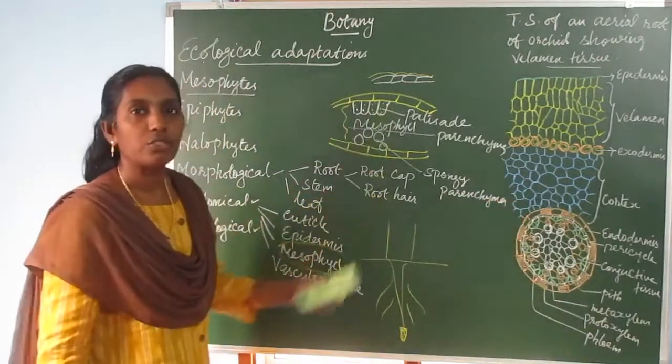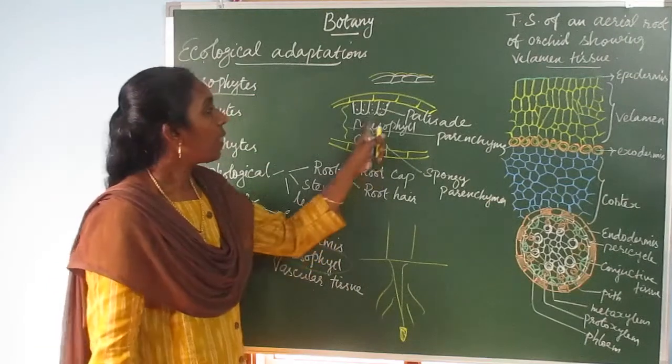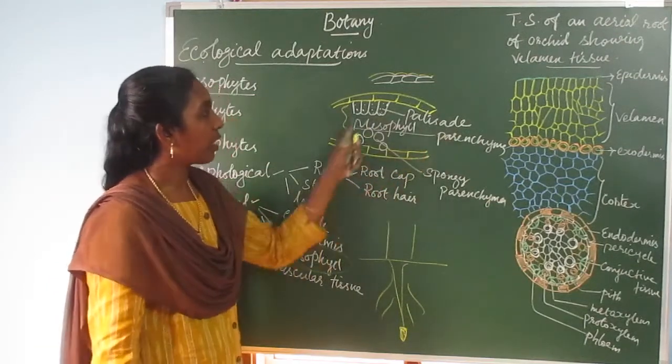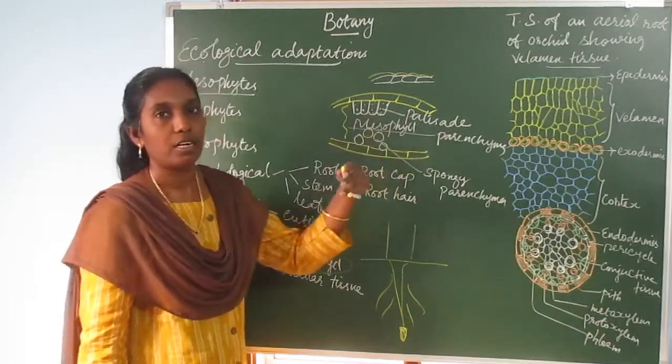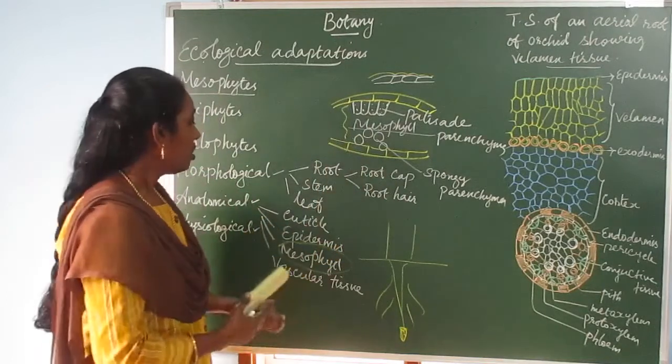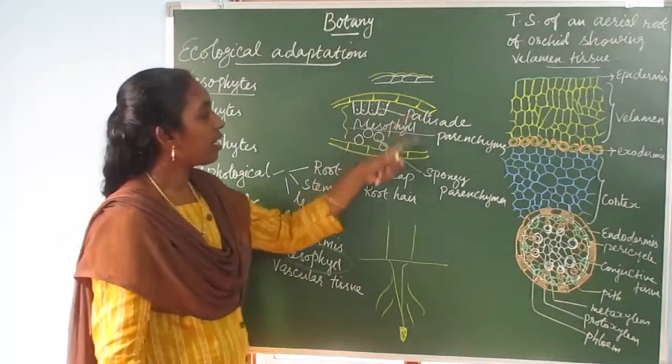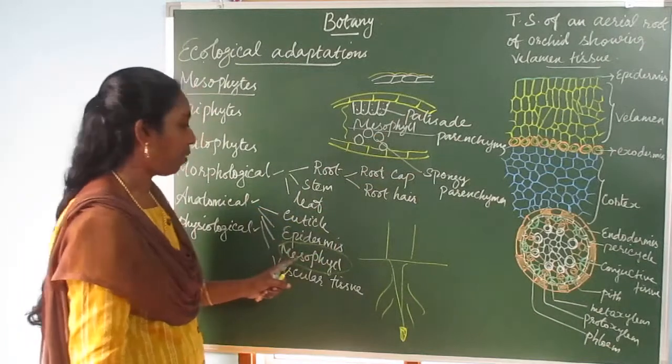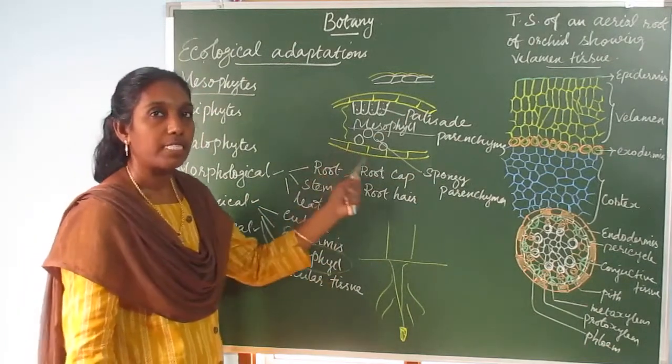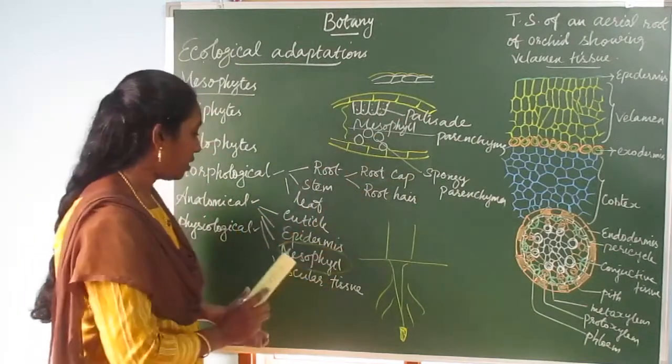So mesophyll tissue is differentiated into palisade parenchyma and spongy parenchyma. So the dorsiventral leaf is differentiated into palisade and spongy parenchyma. So under mesophyll, palisade parenchyma as well as spongy parenchyma is present.